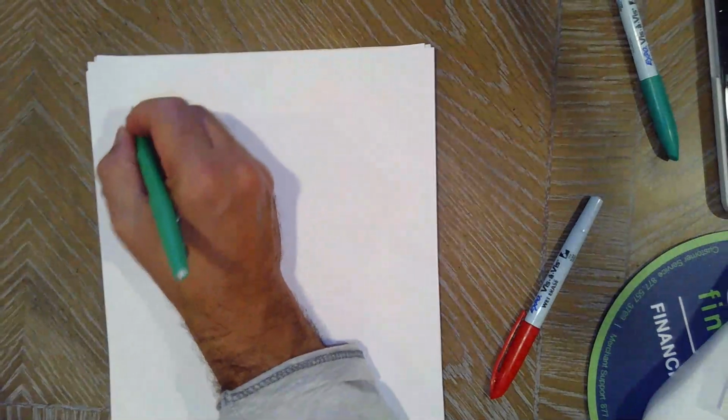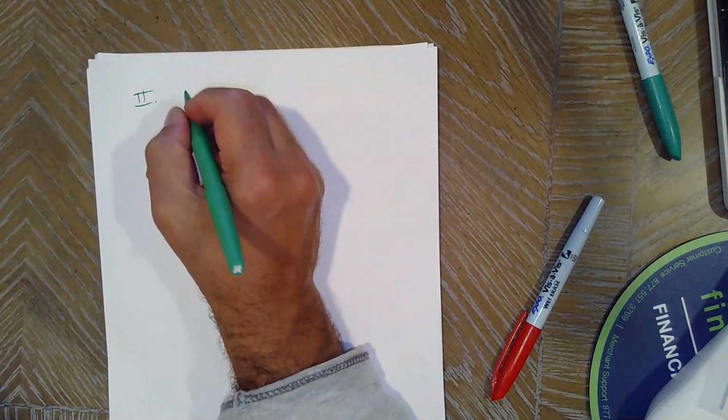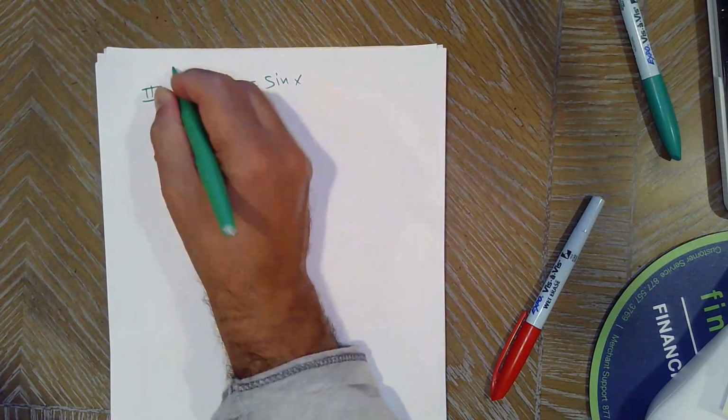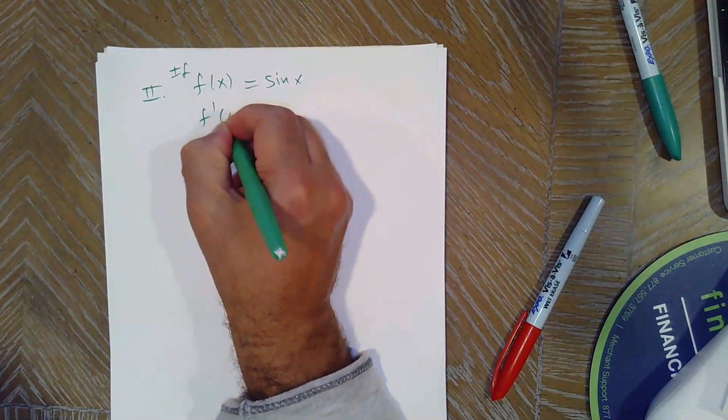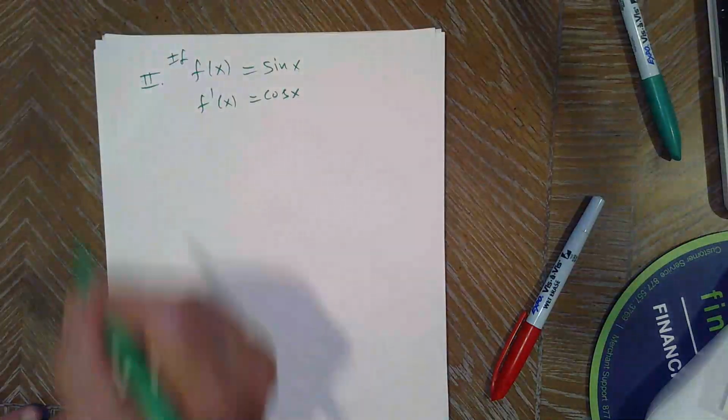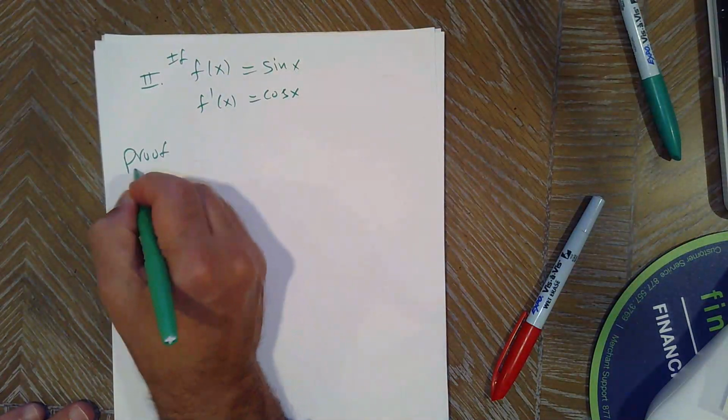So now to the trig function derivatives. The first one is f of x equals sine x, then its derivative is cosine x. And again, to see this, I'll just show you this proof.